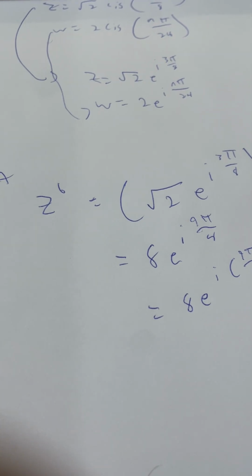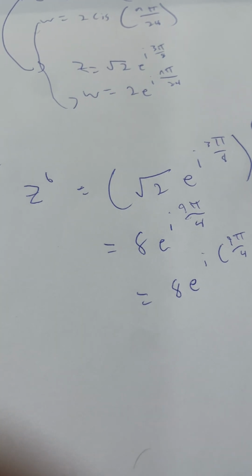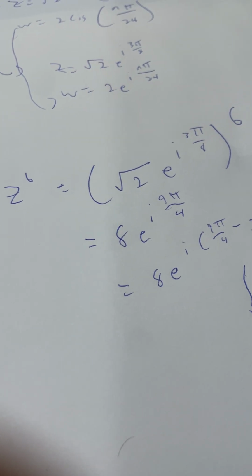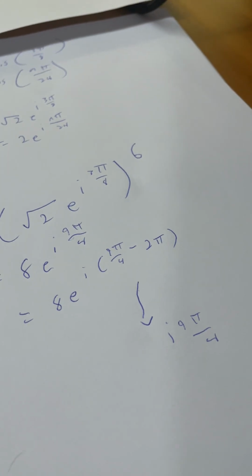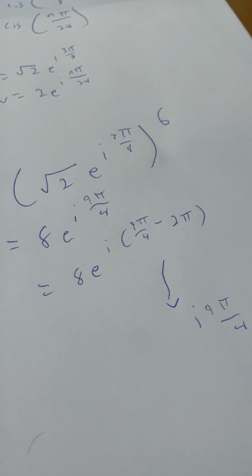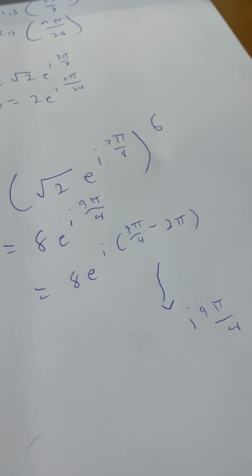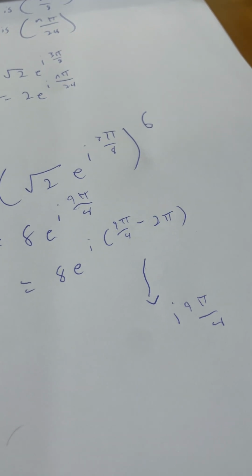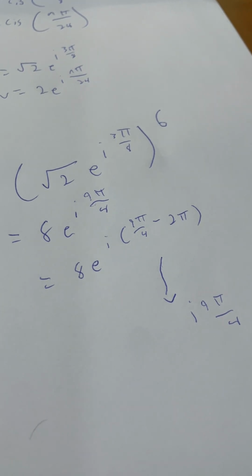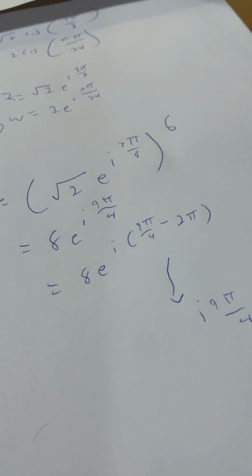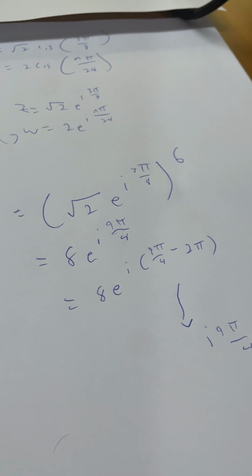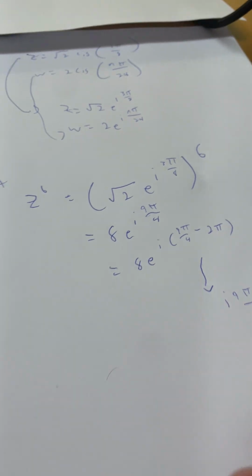This is where I went wrong, because 9 pi over 4 is outside the required range of negative pi to pi. So I have to subtract 2 pi. That was the part that threw me off, and I need to make sure I don't make that mistake. So I always need to check my argument is in range before I get the final answer.